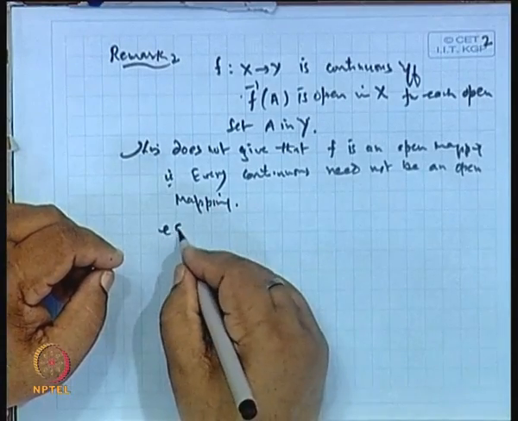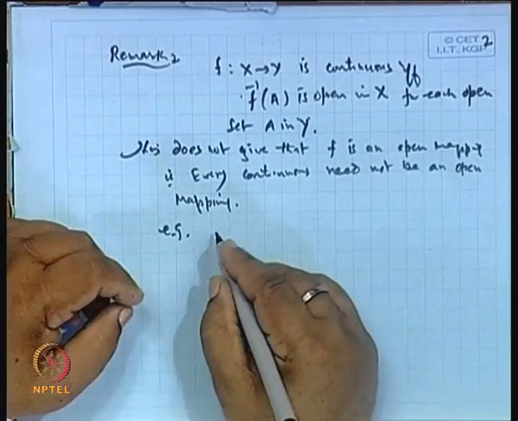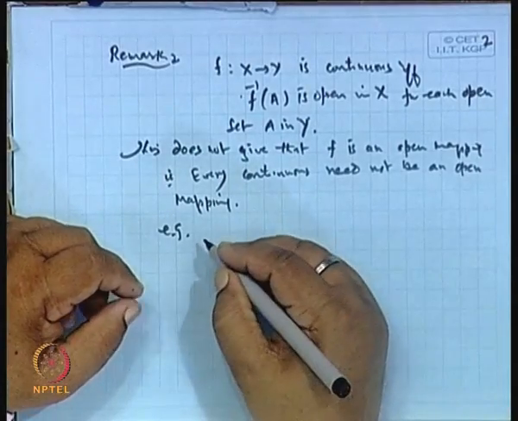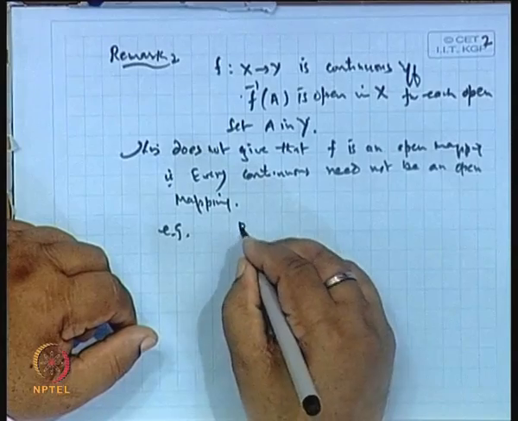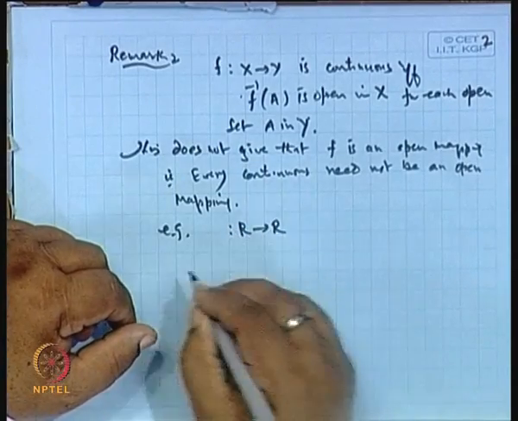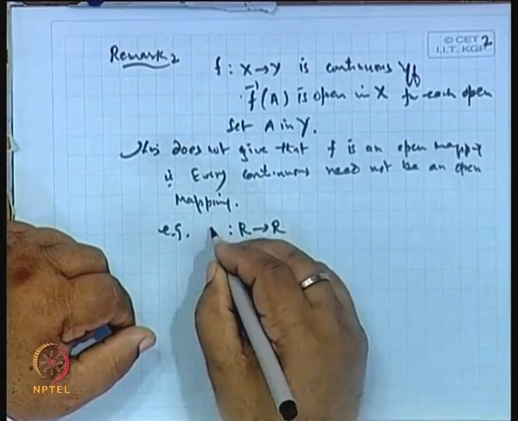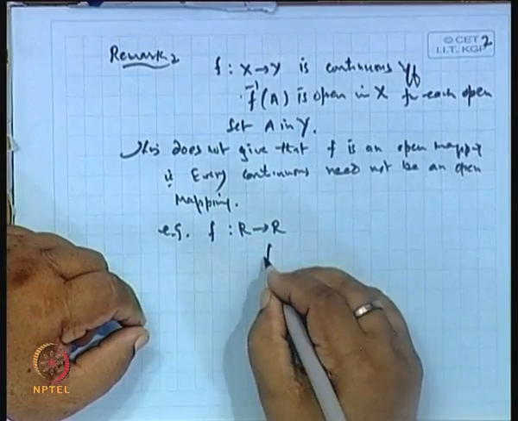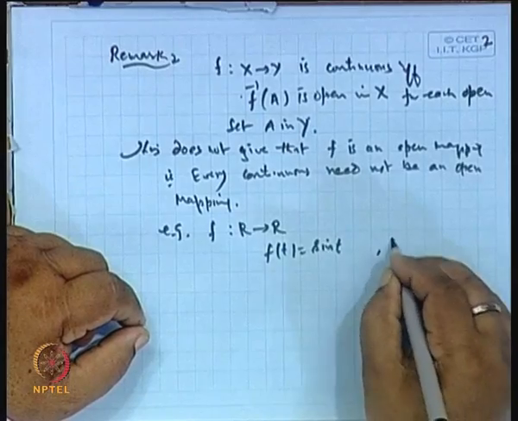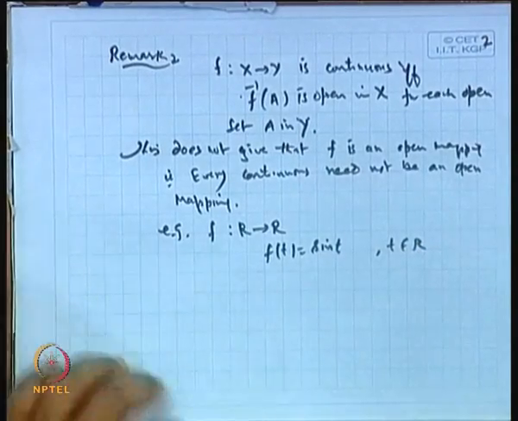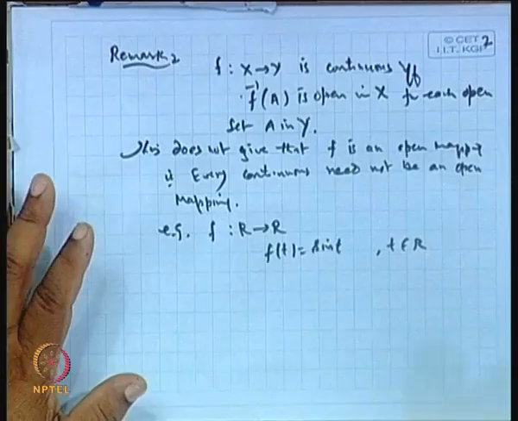For example, take a continuous function, a mapping from R to R, where f of t is sin t, where t belongs to R. This is a continuous, well defined function.